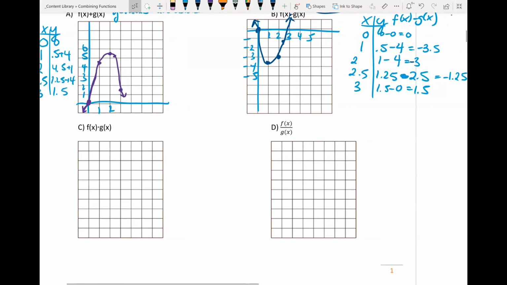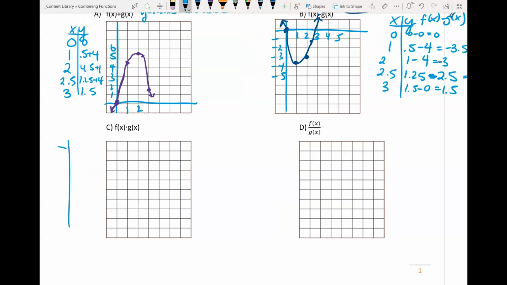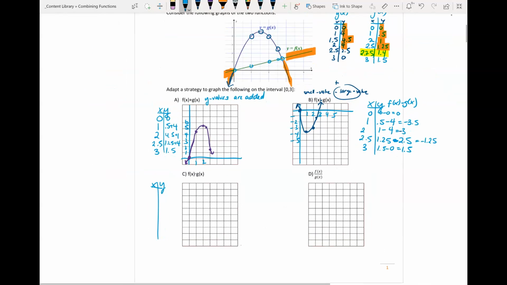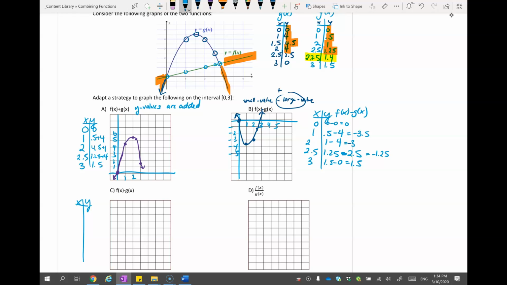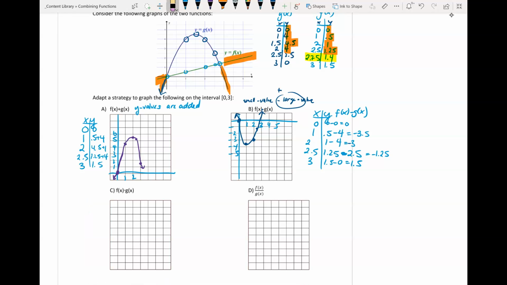Moving on to the f of x times g of x, same sort of thing. We can create table values and we're just going to multiply our x and y values. So we're going to do a table of values, and now we're going to multiply our y values together.